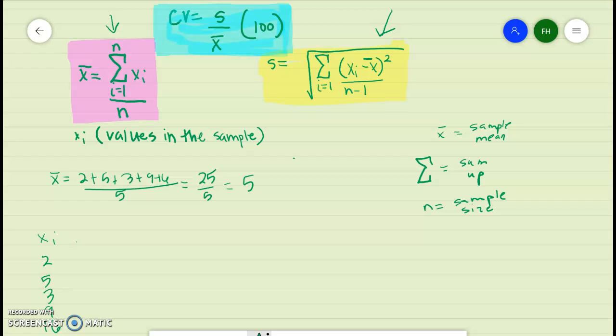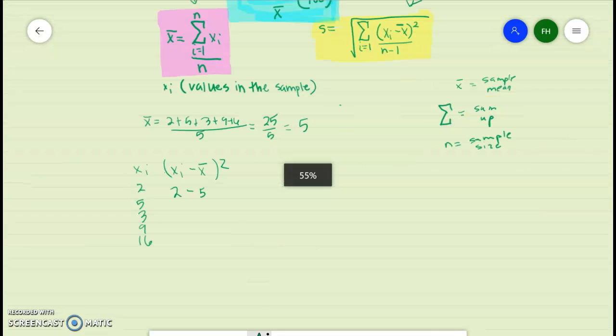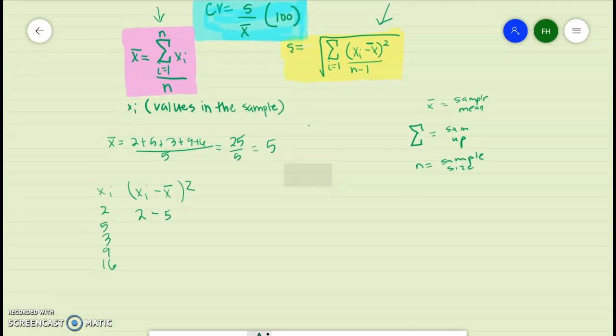So let's go ahead and do that. We're going to do 2 minus, remember our mean is 5, so 2 minus 5 squared.